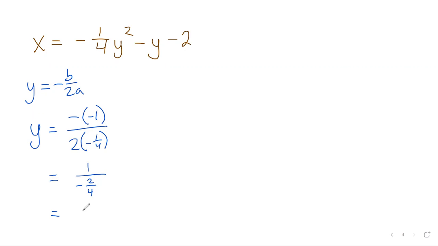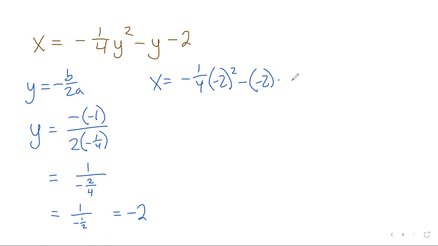And this is complicated enough that I'm going to go pretty step by step with this. Equals -2. Okay, so that's the y coordinate of our vertex. And again, everything's backwards here. We're going to plug that in to find the x value. So x equals -1/4 y squared minus y minus 2.